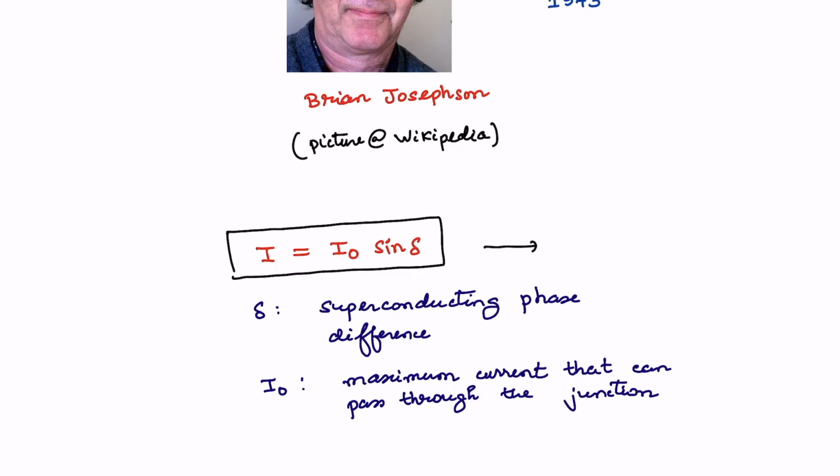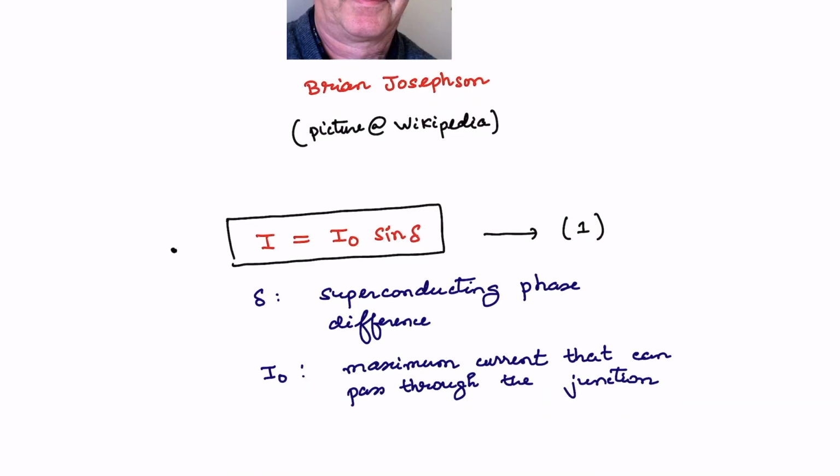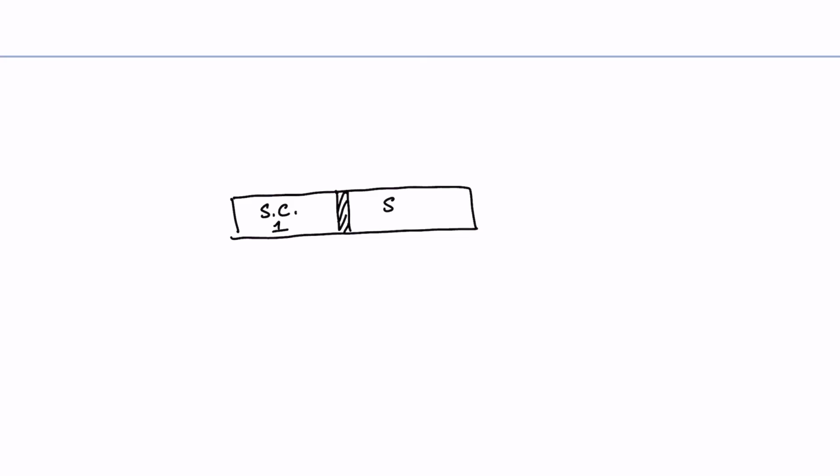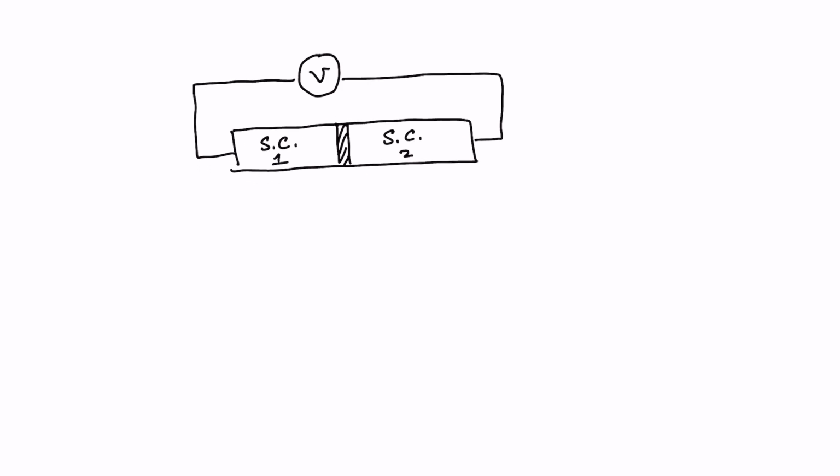Now we are going to understand this particular relation, which is very important for us, by using a simple quantum mechanical model. Say we have two superconducting electrodes separated from each other by a thin insulating layer like this, this is our superconductor 1, this is superconductor 2, and across these two superconductors there is a voltage applied, say this voltage is V, and this setup can be expressed by using a set of coupled Schrodinger equations.